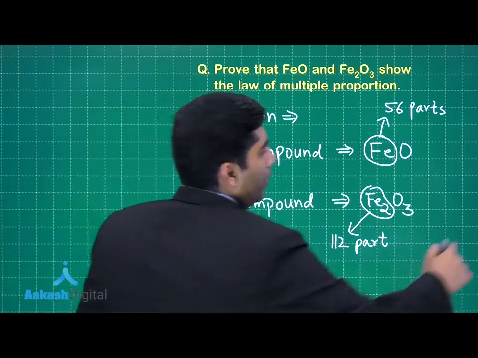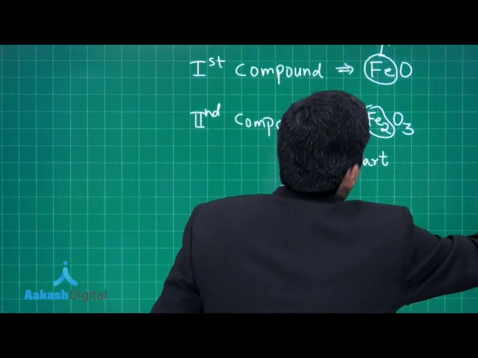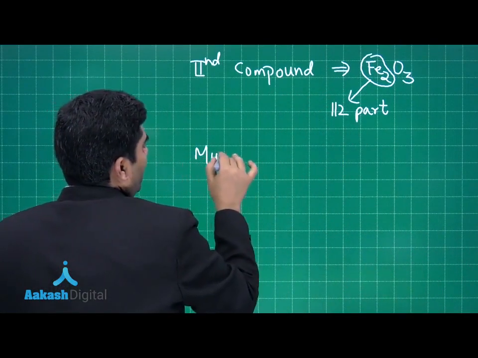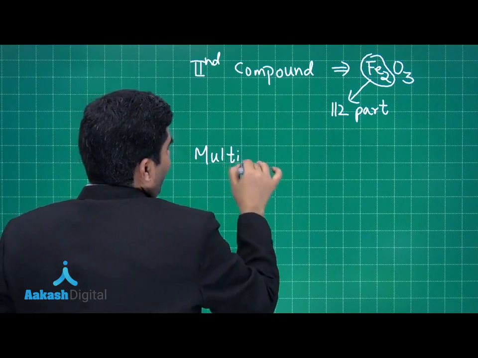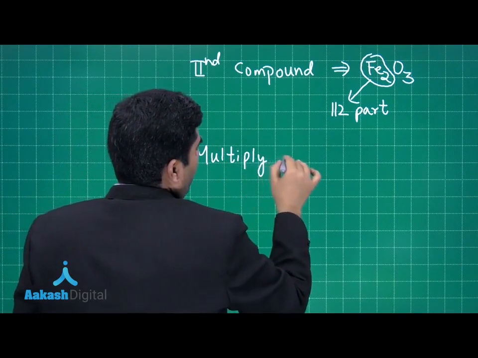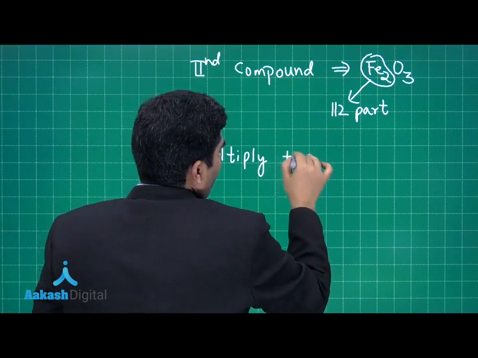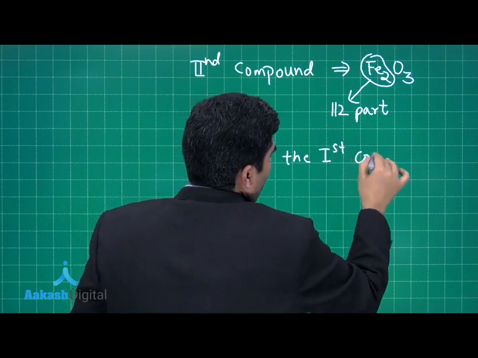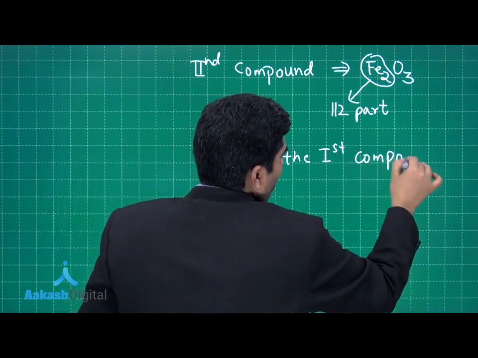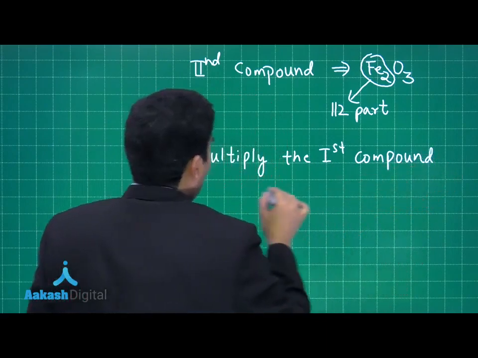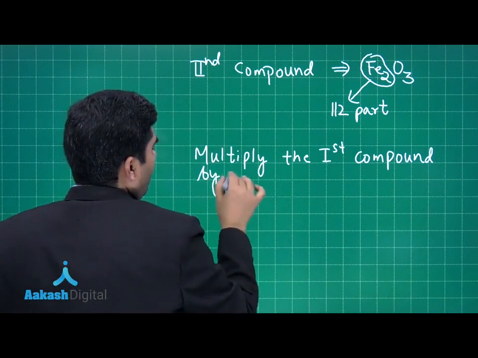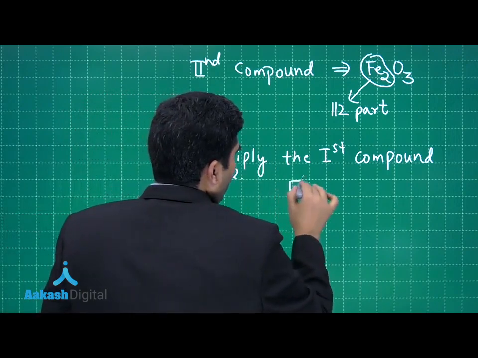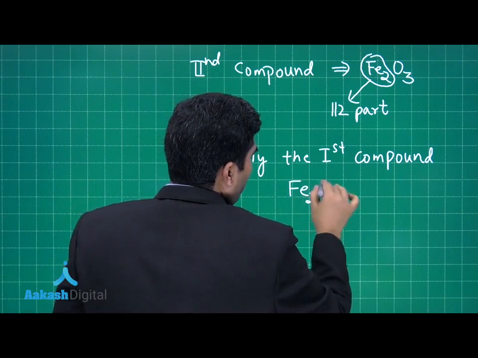So to make them equal, we can multiply the first compound by 2, and when we do it, we will get Fe2O2.